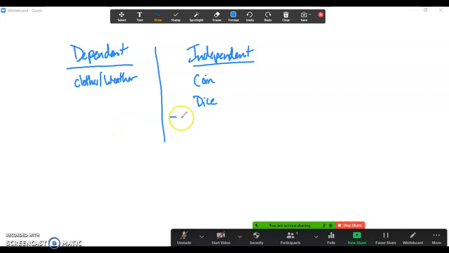Dependent or independent? The answer is independent. What it's called is with replacement, which is what we've been doing the whole time. Every time we've drawn winners in class, we have been putting the item back in.